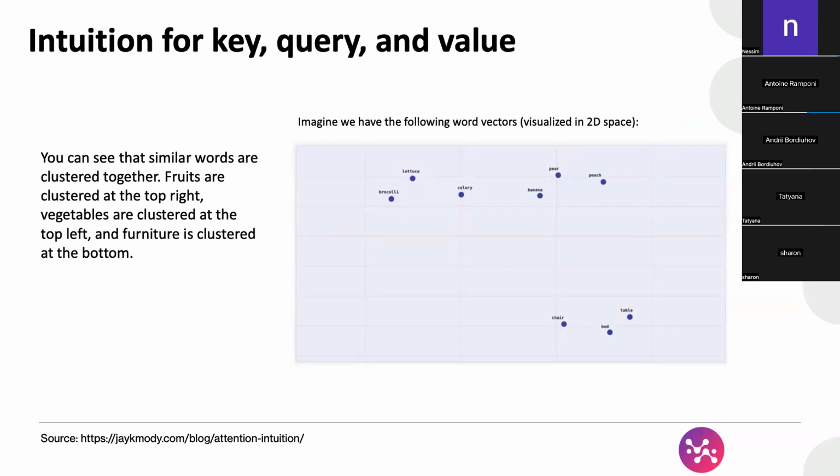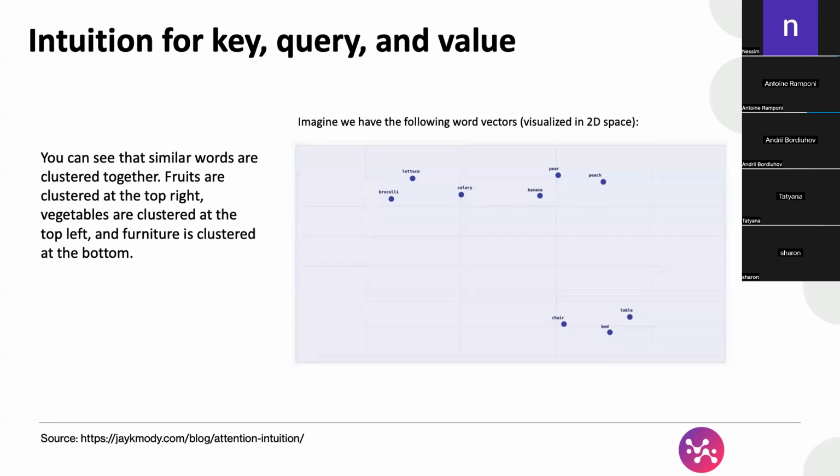Now, to fully understand the attention mechanism, we also need to get an intuition on how we calculate similarities between vectors. We'll see later that we have different ways to calculate similarity between vectors. But here, for example, you can see, and we've seen that before, that fruits are clustered together, vegetables are clustered also together, and furniture is clustered at the bottom.